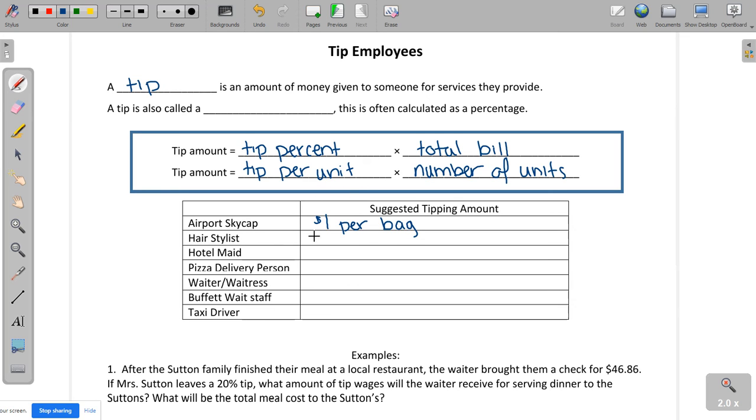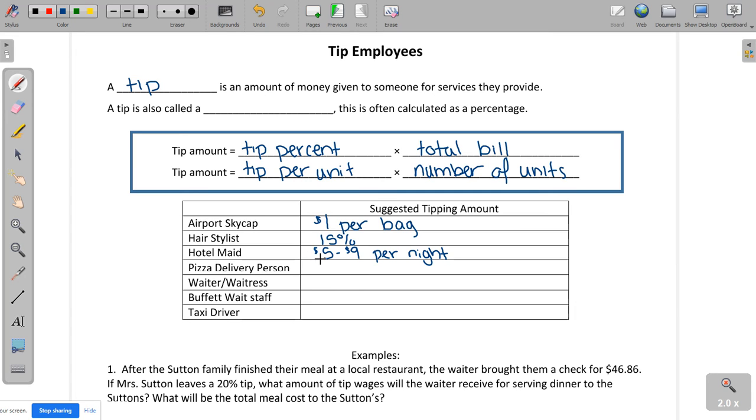A hairstylist is about 15%. A hotel maid is about $5 to $9 per night. Again, these are just suggested. You can always do more, but this is usually the minimum amount that you should do.